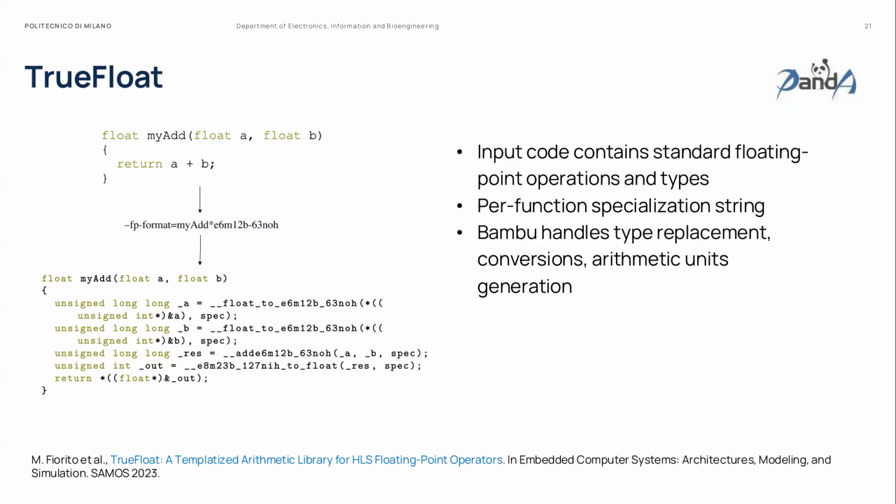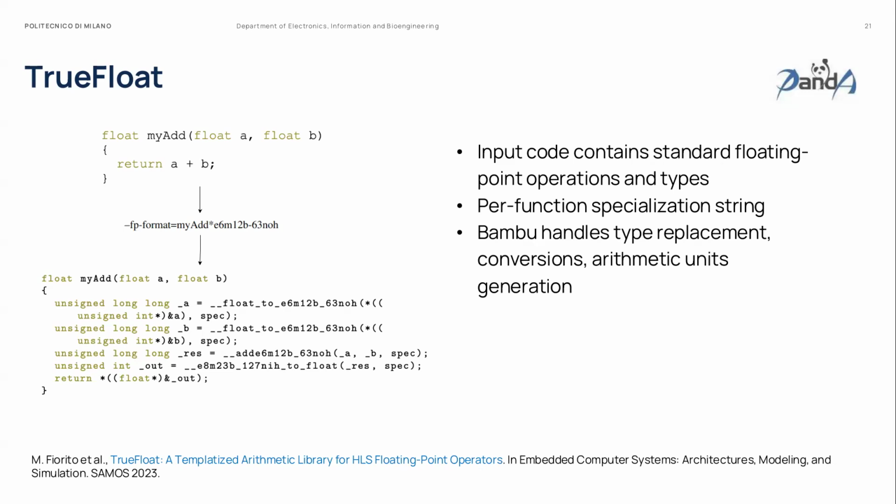Basically, what we have in the library is a C version, and we have the conversions between float and custom format, and then the functional units implemented as just manipulations on bits and on integer numbers.